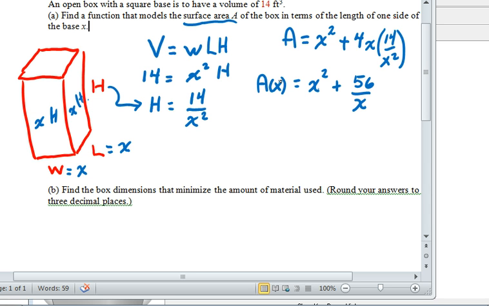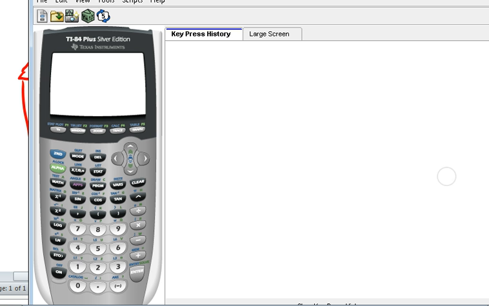This is a rational function. X cannot be 0. It contains 2 branches and does not cross the line x equals 0, which would be the y-axis. And so let's take a look at this function on the graphing calculator.